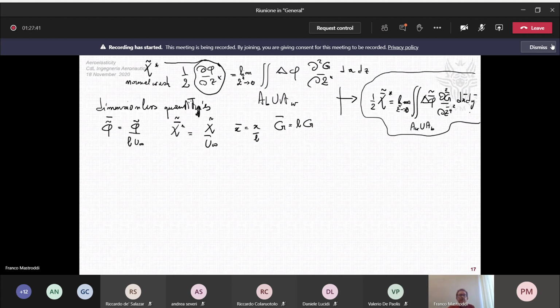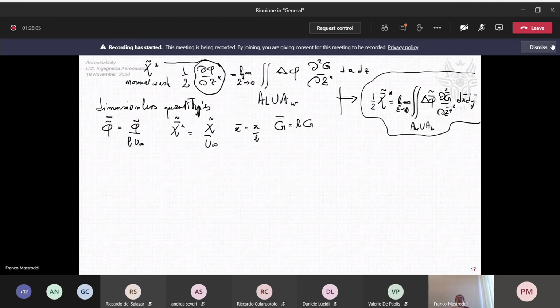Just a comment: the normal has become the zeta direction because we have an airfoil in the plane zeta equal to 0. Our wing is at the moment a flat surface, and therefore the normal direction is the zeta direction.